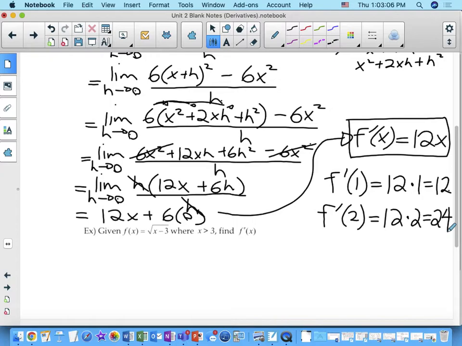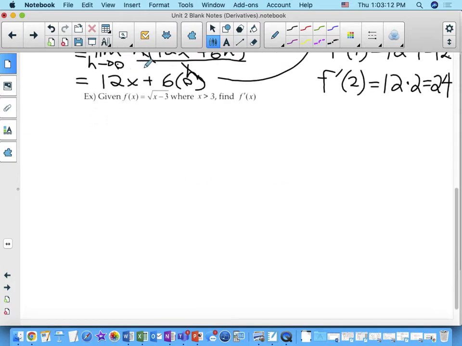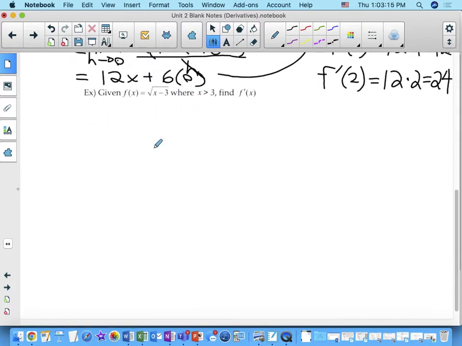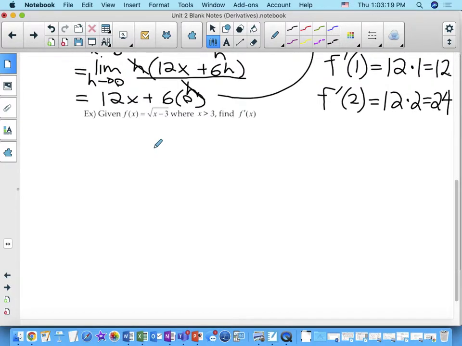Okay, all right, so that was a quadratic function. Let's try this for a radical function. Here we have f of x equals the square root of x minus 3, where x is greater than 3.